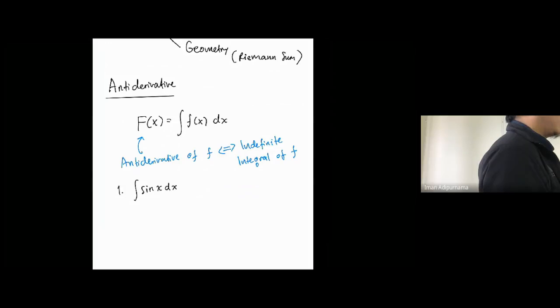Of course, it will start with cos, but the derivative of cos is negative sine x, right? So we can define this as negative cos x plus c.